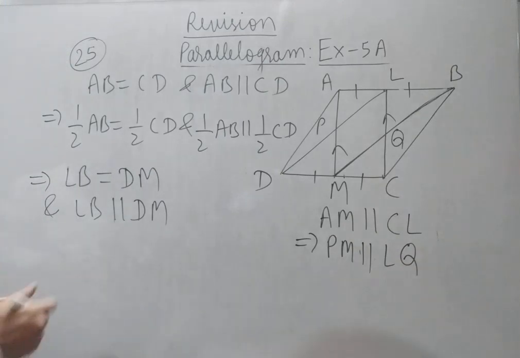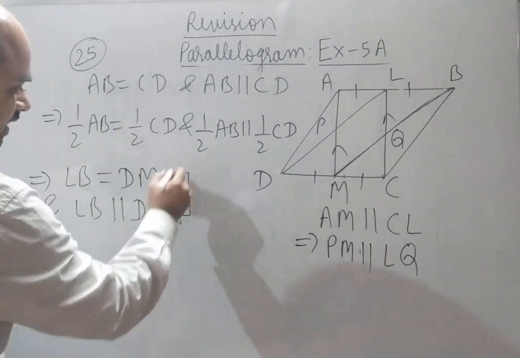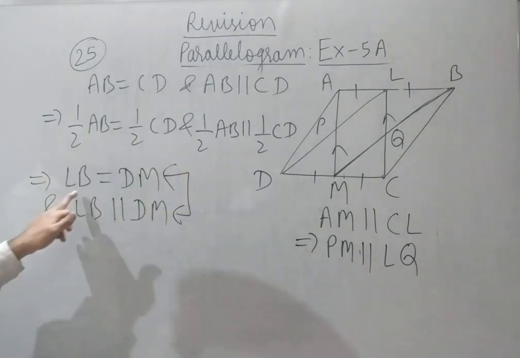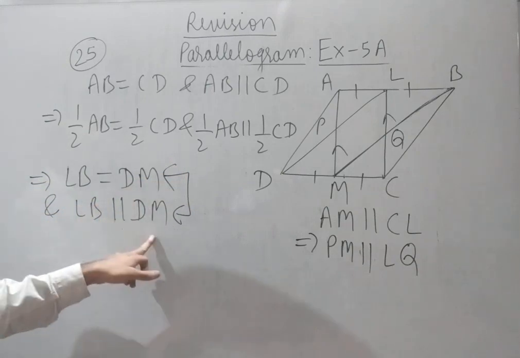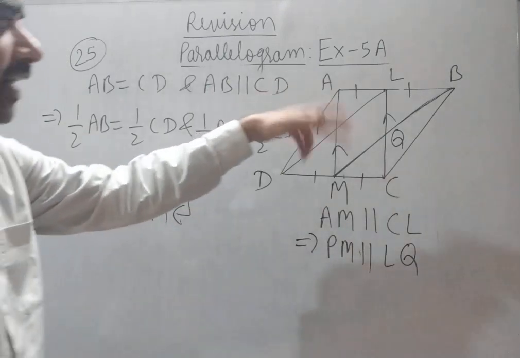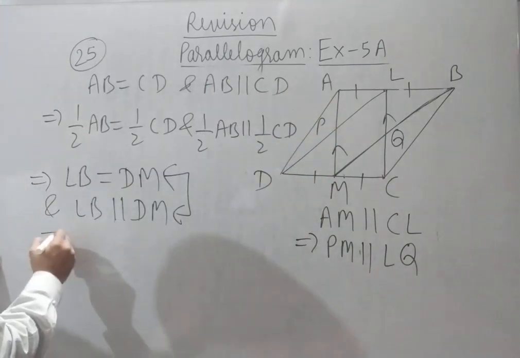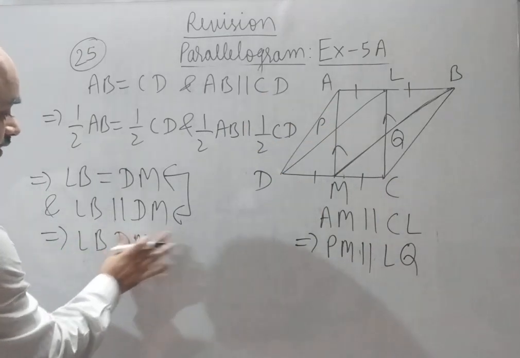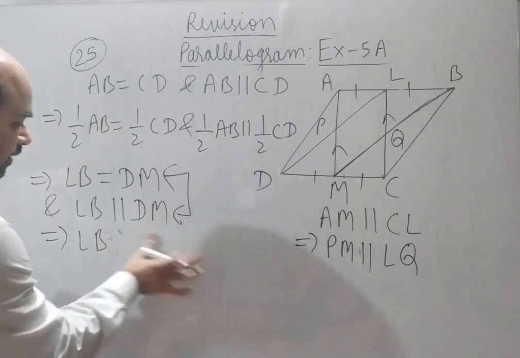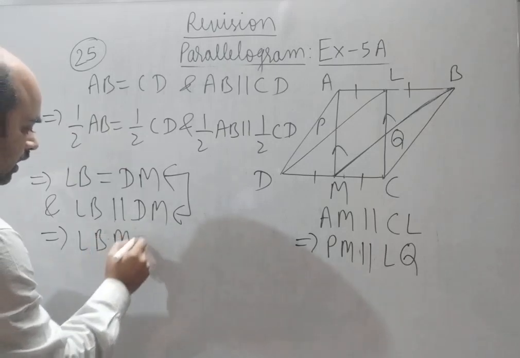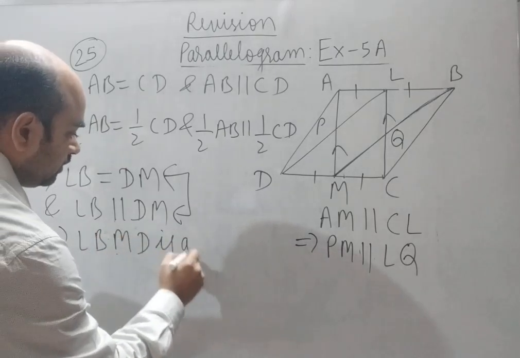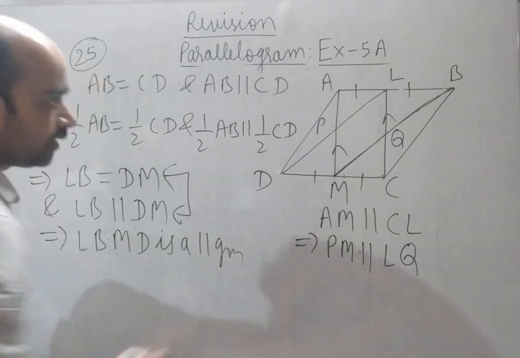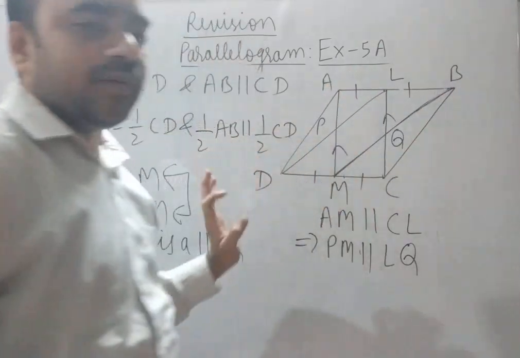So again see, the same pair of opposite sides is parallel and equal. LB equal to DM, LB parallel to DM. It means again LBMD is a parallelogram. Correct? LBMD is a parallelogram.